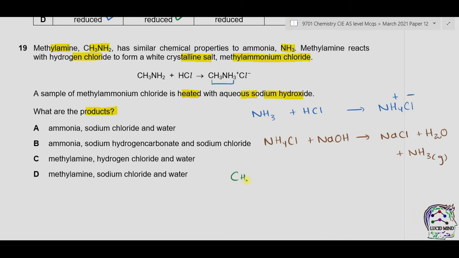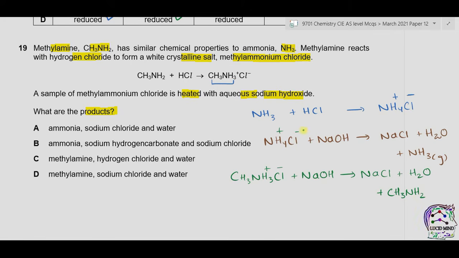We have CH3NH3Cl. It reacts with aqueous sodium hydroxide. It will form salt NaCl. Then we have water. Now we have CH3NH2 that is left. So therefore that is the product which is formed.